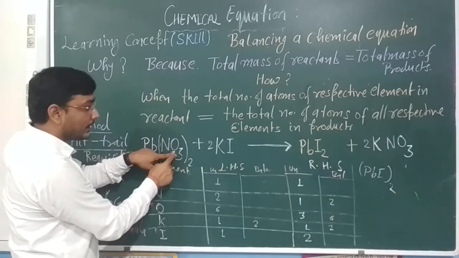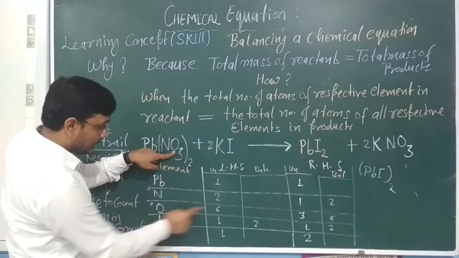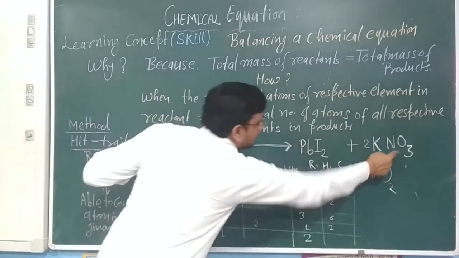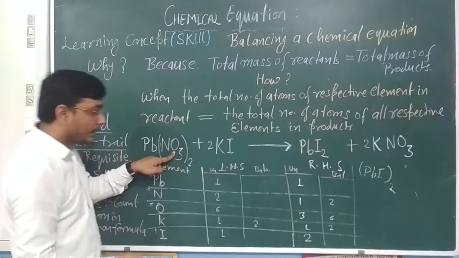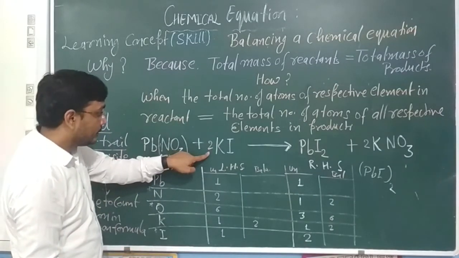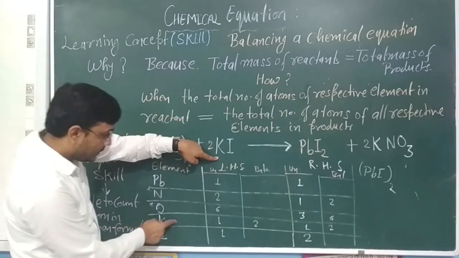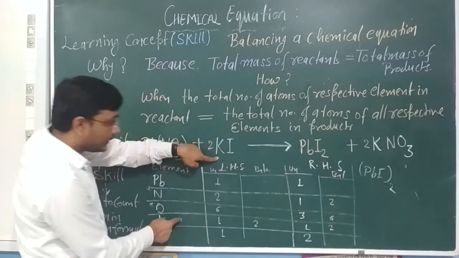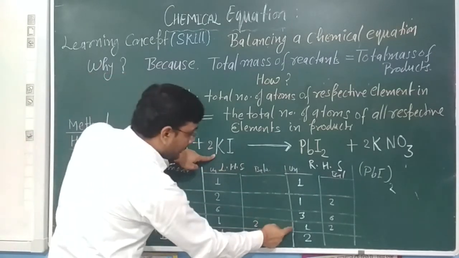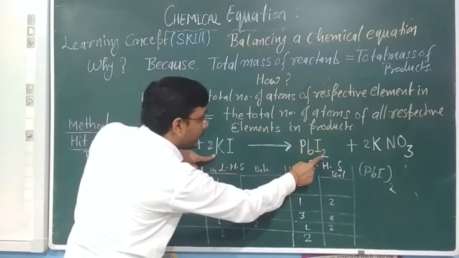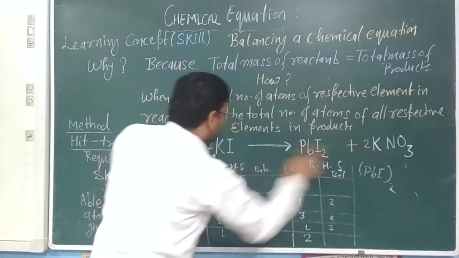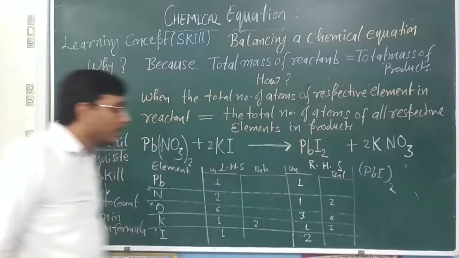Oxygen, 3 times 2 is 6, oxygen 6. Now 2 potassium, 2 potassium, 2 iodine, 2 iodine on both sides.